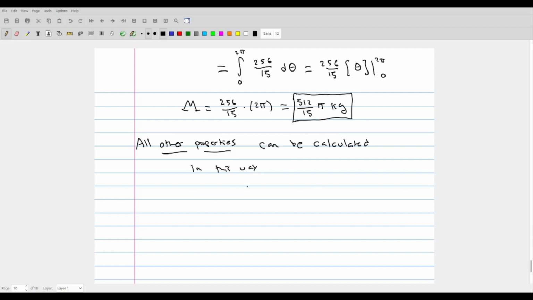So that's the center of mass, right, and the moment of inertia, as well as many other physical properties that can be calculated using the previous formulas. You just need to set up the integrals that you need to evaluate, choose your coordinate system, and then go through and evaluate the integrals.